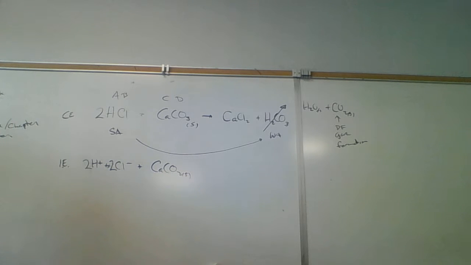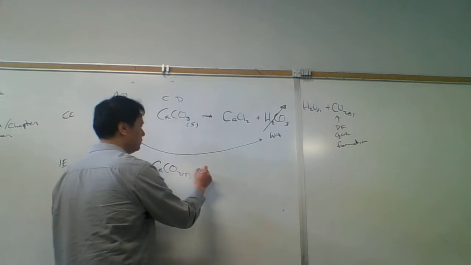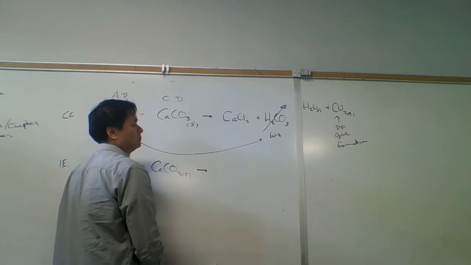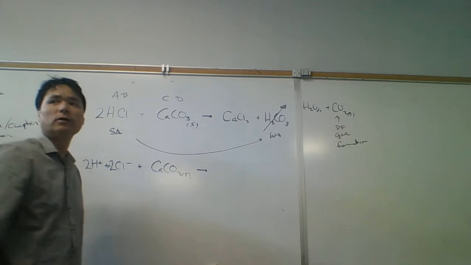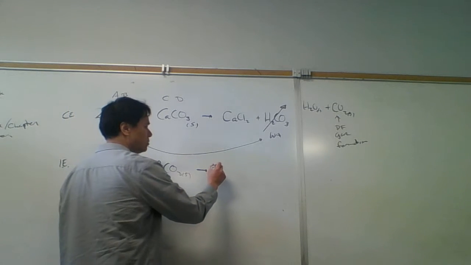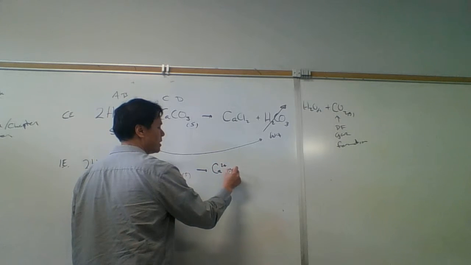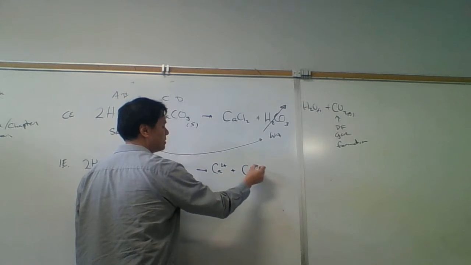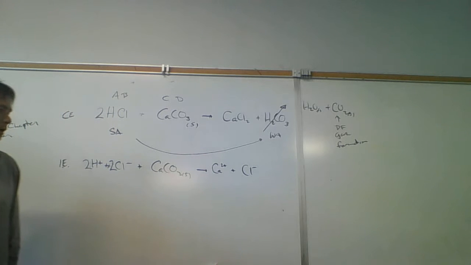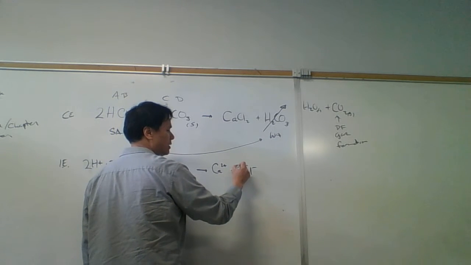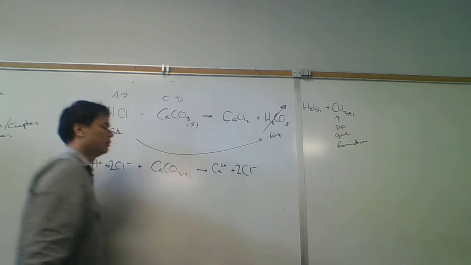Calcium chloride, do we ionize that or leave it? We ionize it. It's going to ionize into what? Calcium ions and chloride ions. Does that look good? No, that doesn't look good because we had 1 calcium, 2 chlorides, and we lost 1 chloride, so we'll just bump that up to 2.